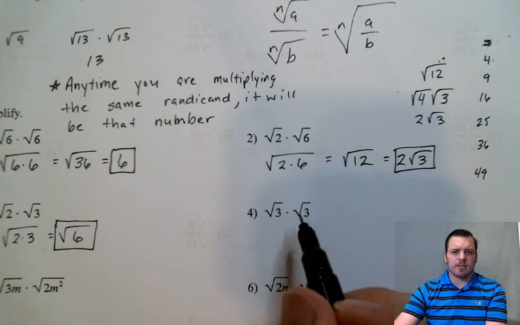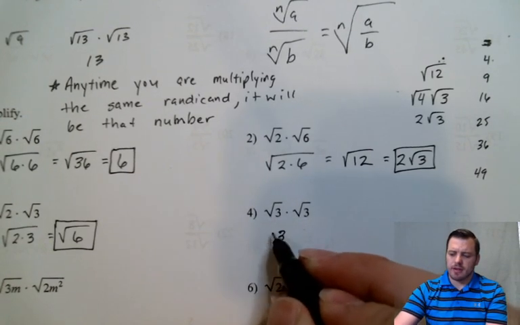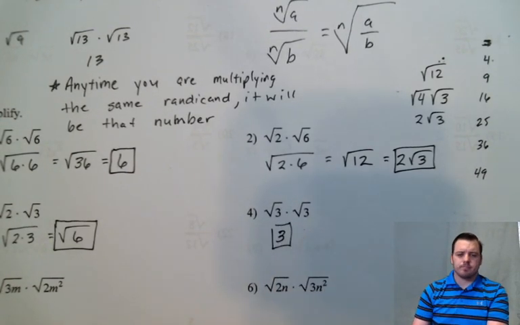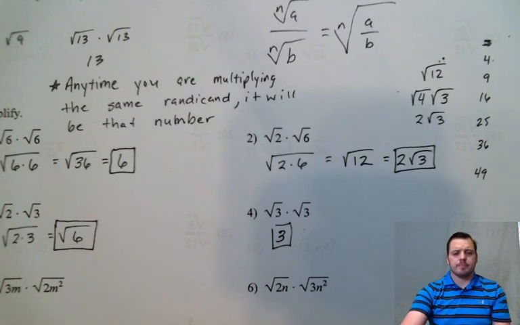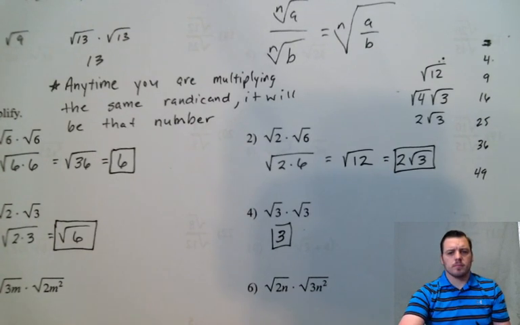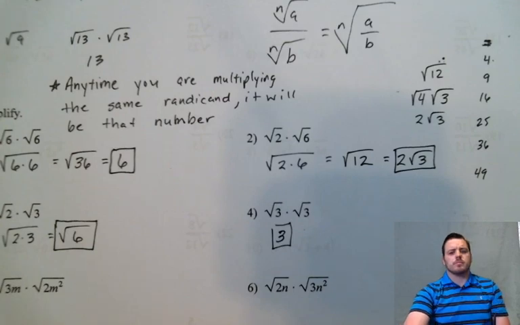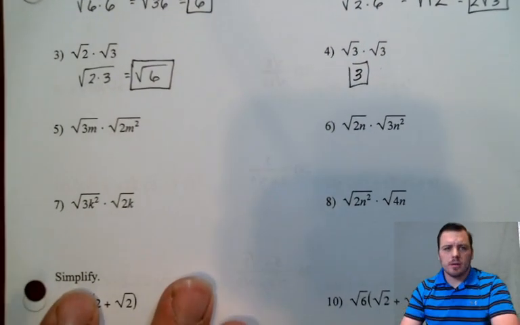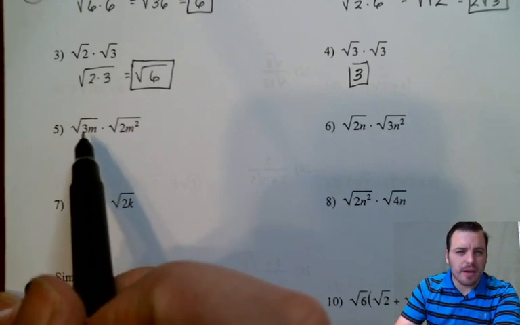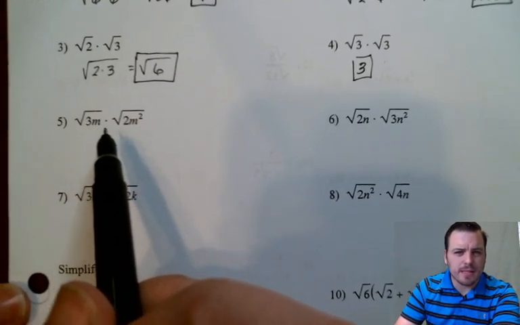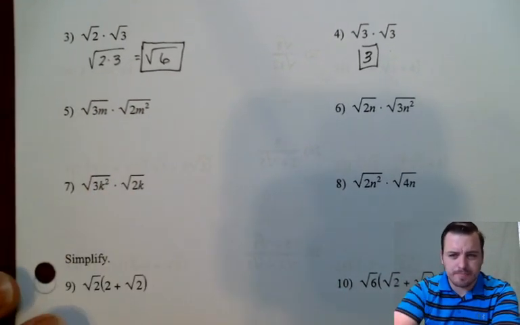Anytime you have a radical times the same radical, it's just whatever's underneath the radical. 3. Very good, guys. All right, looking at number 5. We have radical 3m times radical 2m squared.